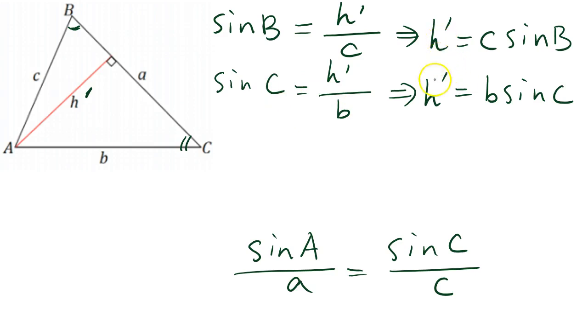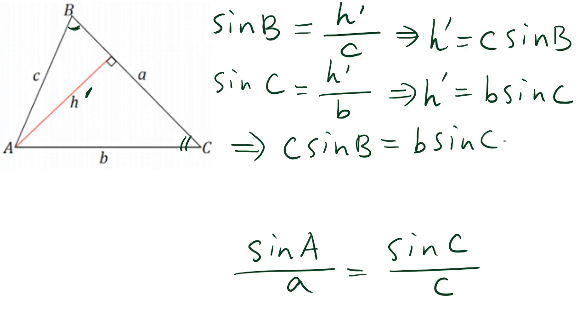Notice again, these two are the same. So then we can say that C sine B equals B sine C. And then I'm gonna divide C times B on each side. The C's go away, the B's go away. And we're gonna get something pretty similar to this one.